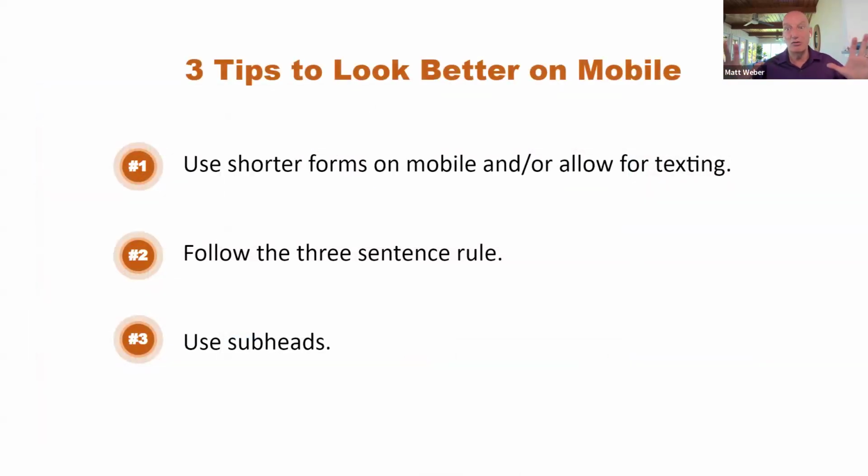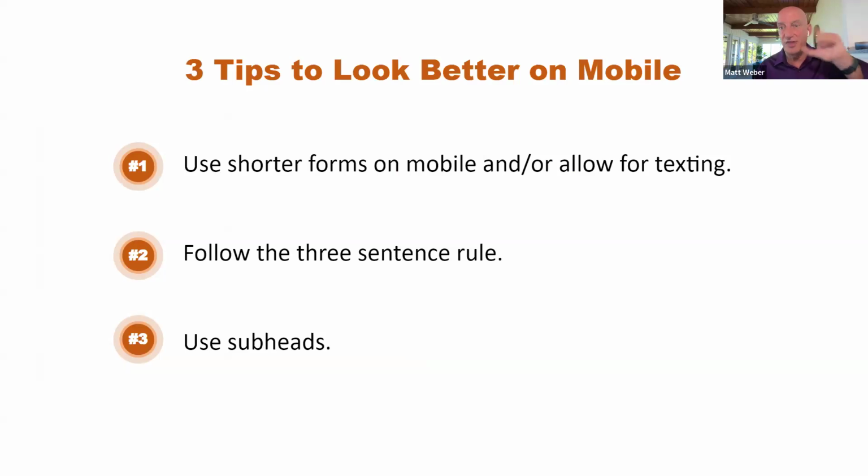And again, we can do a whole program on mobile usability, but if there are 3 tips that you want to write down quickly to offer a better mobile experience, first, you may have to concede and just use shorter forms on mobile. And see, this is tough because most websites have made no customizations on mobile.